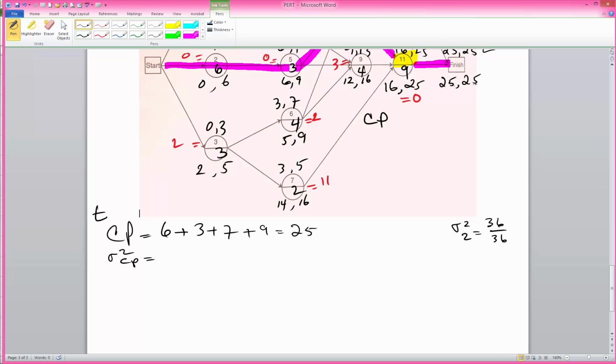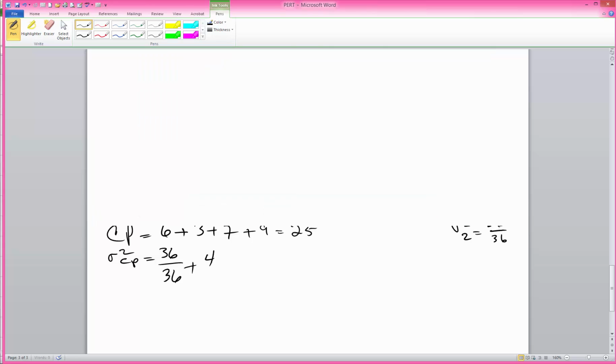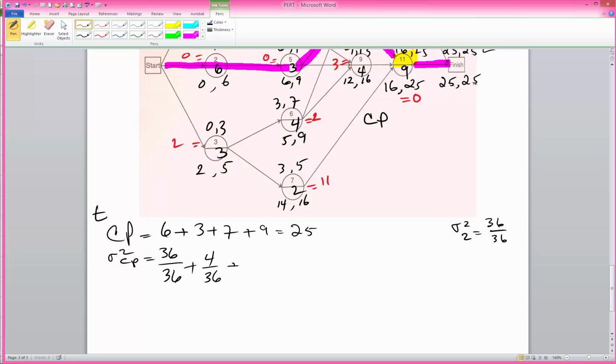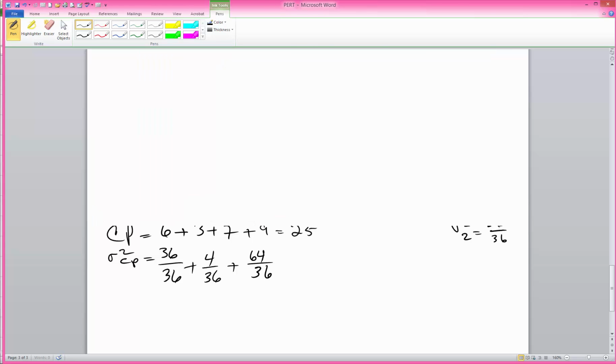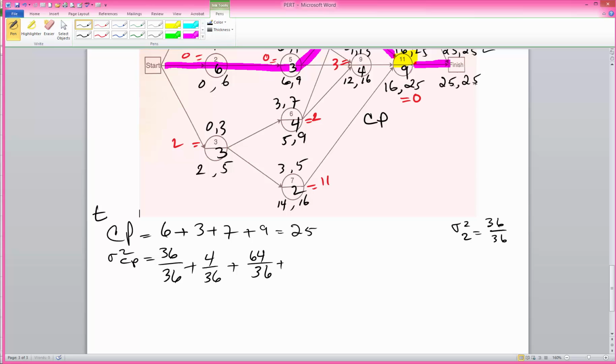The same way, we compute 36 out of 36 for activity 2, 4 out of 36 for activity 5, 64 out of 36 for activity 8, and 100 out of 36 for activity 11. That summation is 5.67 weeks squared.